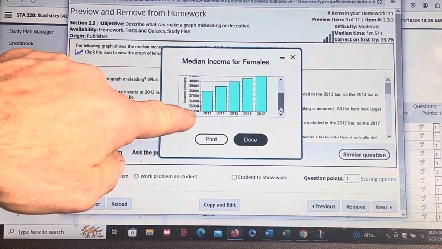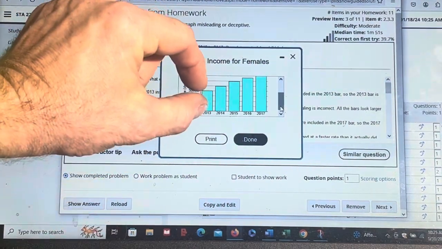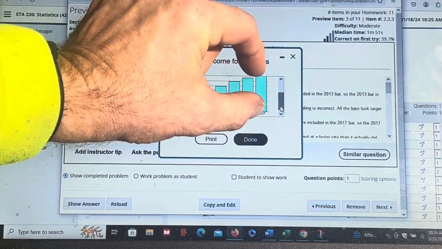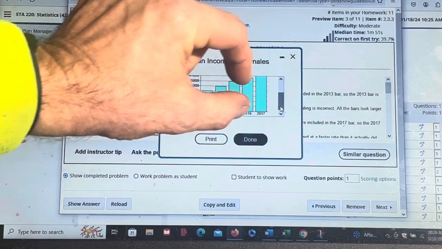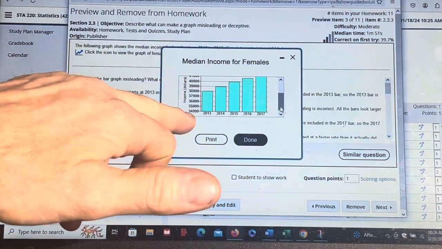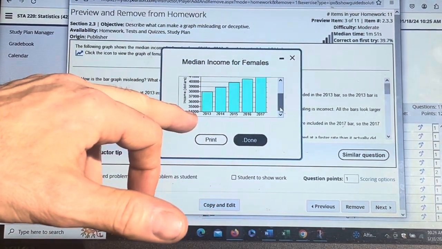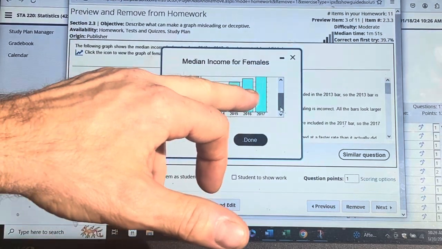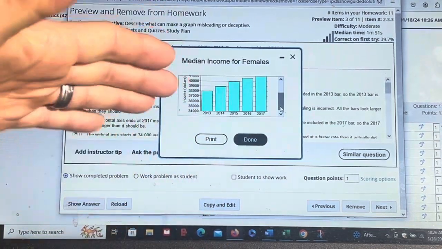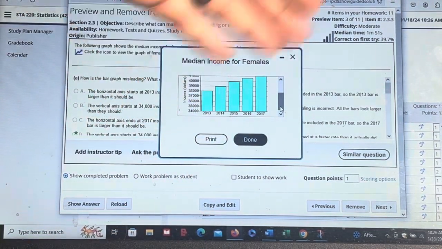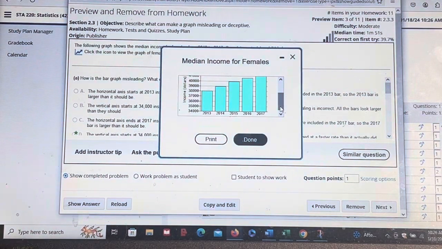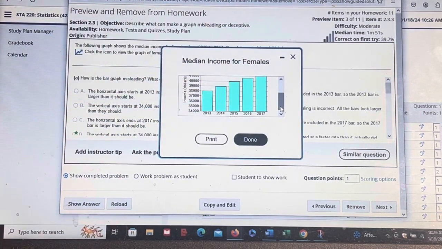This does not start at 0, so it makes this look small in comparison to that one. But really, this is starting at 34,000. So you're talking about from 34,000 to 41,000. It's not really that much of a jump. And so starting at 34,000 instead of starting at 0 makes it look like it's a bigger jump than what it is. And so it's misleading.